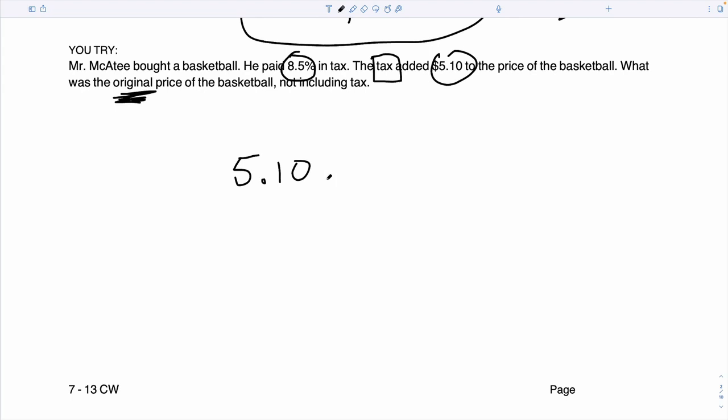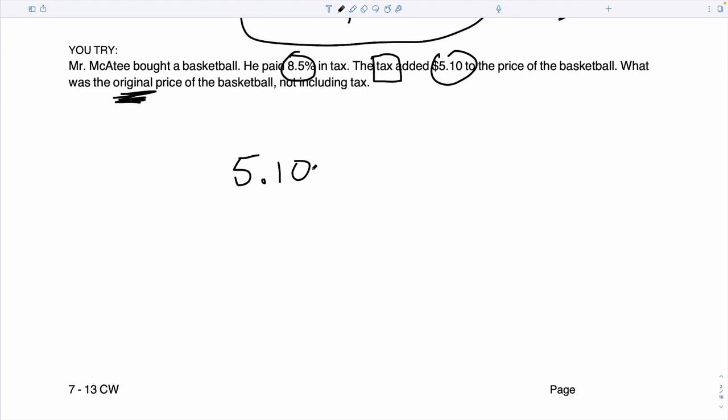Take a look at example B if you have it. Hang tight on that page because I'm not calling you to help me out.